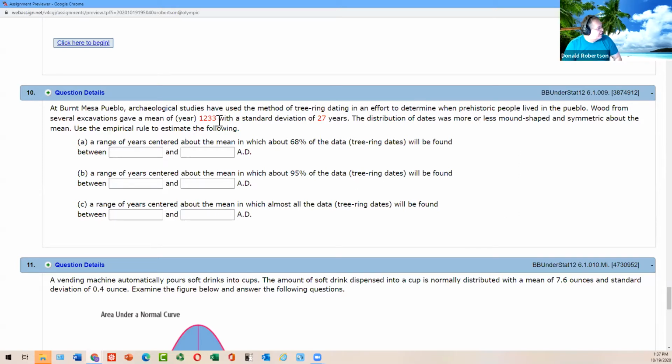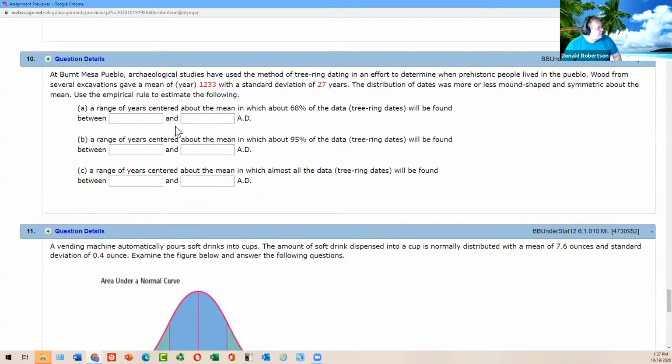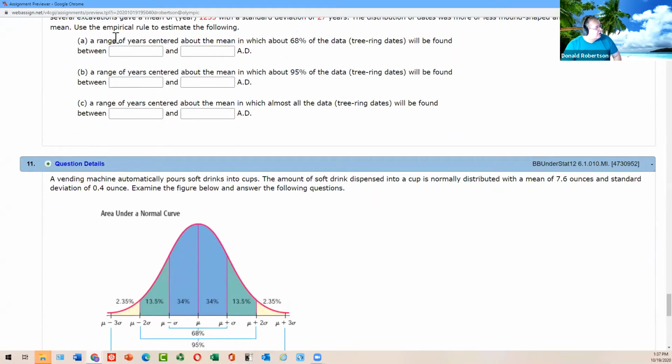Wood Shrivel gave a mean of 1,233 years ago, and the standard deviation was 27 years. And then it asks us, at what range of years centered about the mean is about 68% of the data going to be?